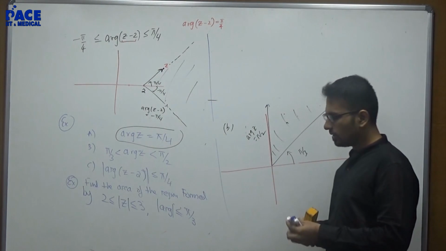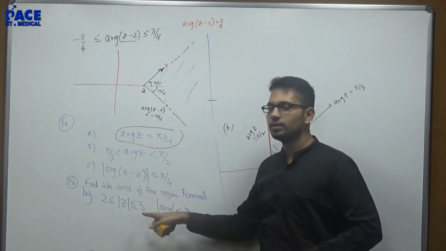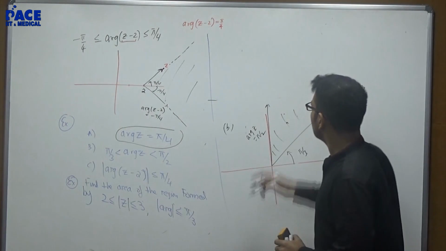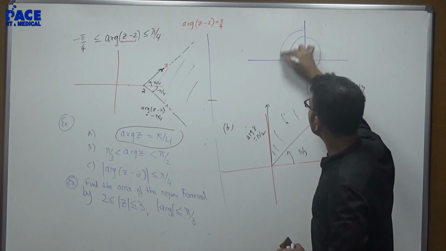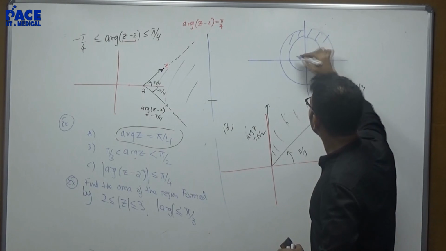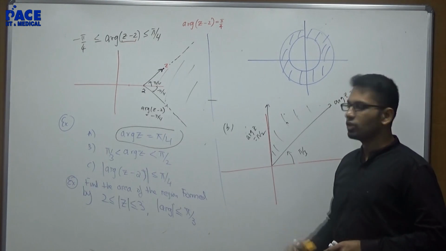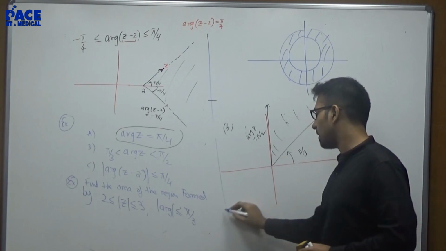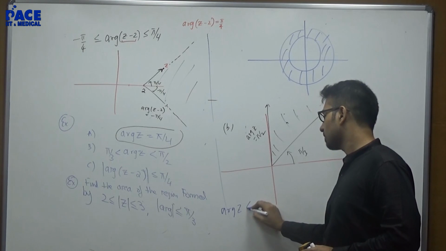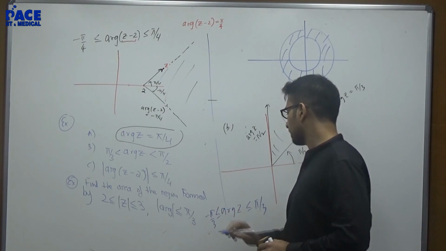थर्ड वाले का आंसर कैसे होगा? Mod Z is between 2 and 3, so Z should lie between the two concentric circles. Not only that, argument of Z का mod should be less than pi by 3. मतलब arg Z should lie between pi by 3 and minus pi by 3. ठीक है?